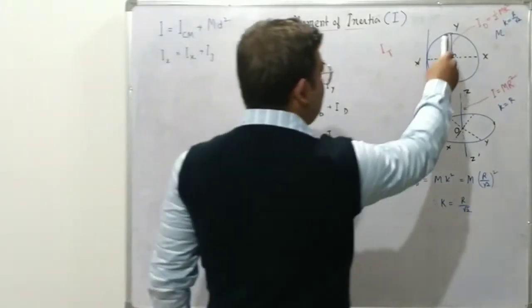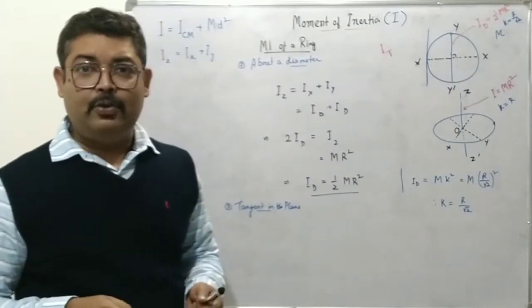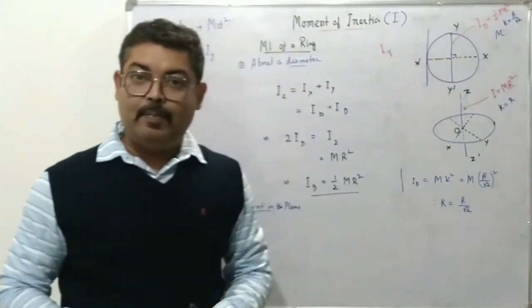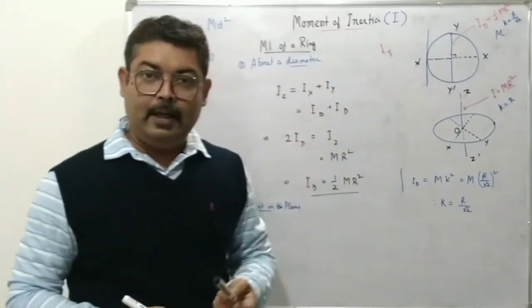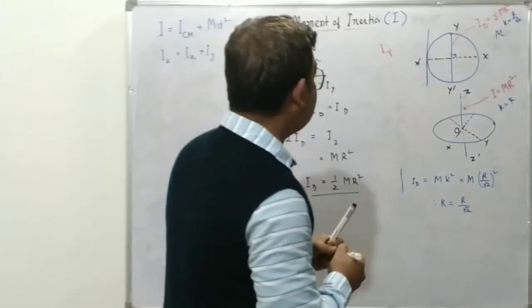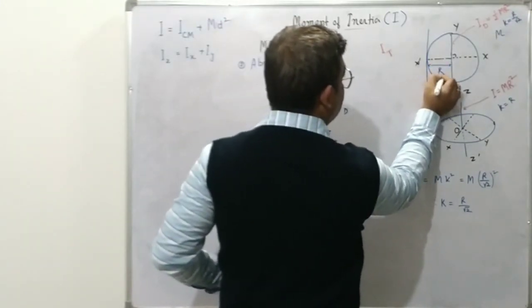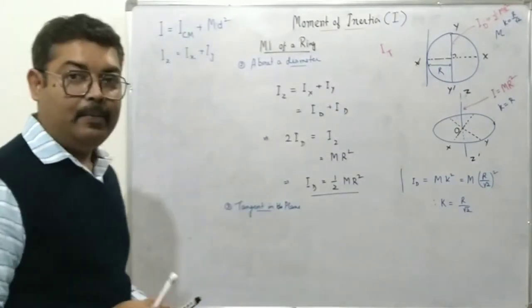Now this diameter passes through the center, so this axis is passing through the center of mass. We have already discussed that the center of mass of the ring is the center of the ring itself. And what is the distance between the two axes? Clearly it is equal to the radius, right? The tangent is at a distance of radius from the given diameter.